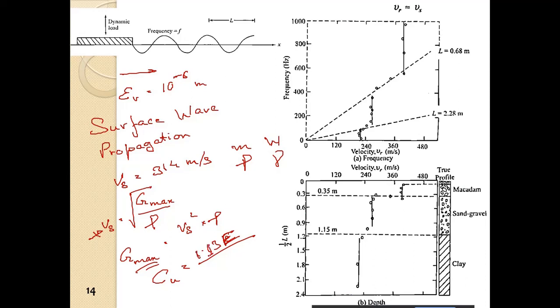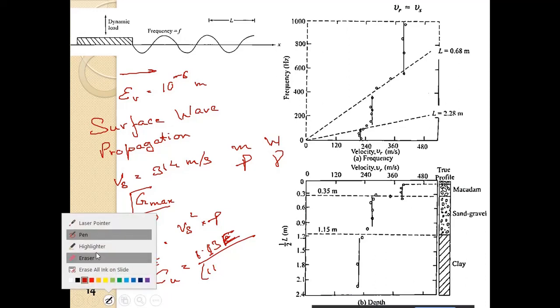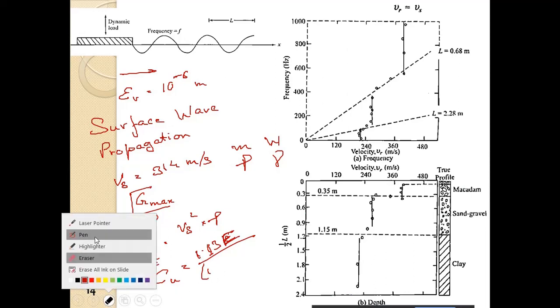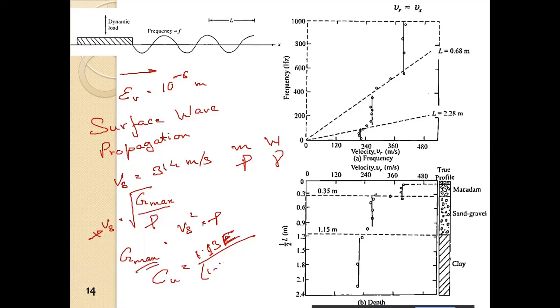Here A is the area of the foundation, E is the modulus of elasticity, and mu is the Poisson's ratio.